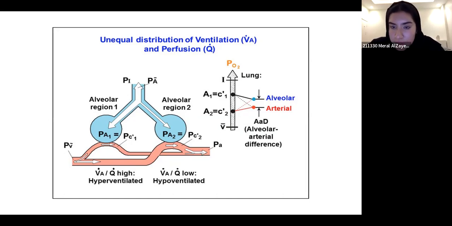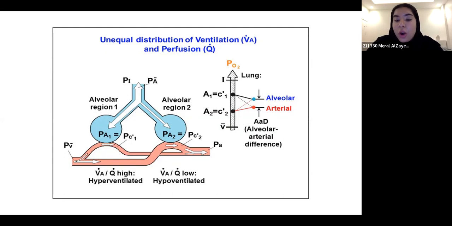Do you see how here this is partial pressure of alveolar 1, and here's partial pressure of alveolar 2? But after they mix, do you see the blue dot? It will be closer to alveolar region 1. And why is this? This is because the majority of the gas obviously comes from the first alveolus.